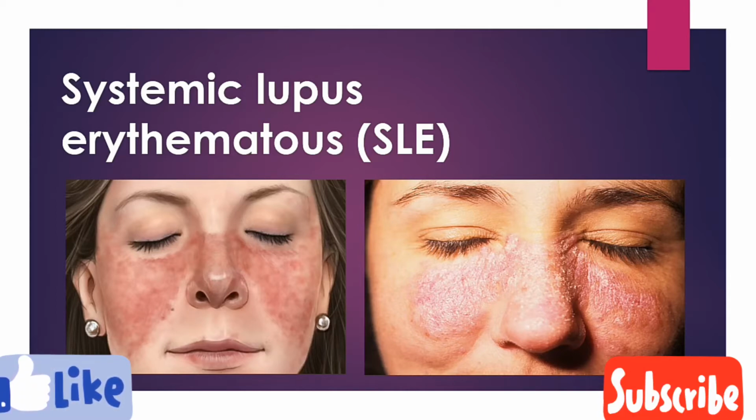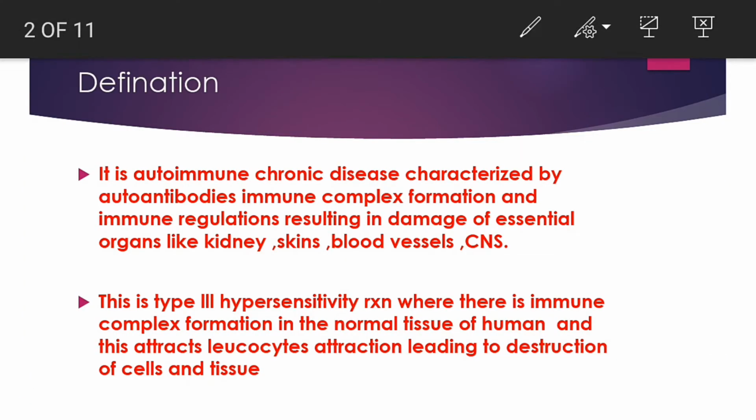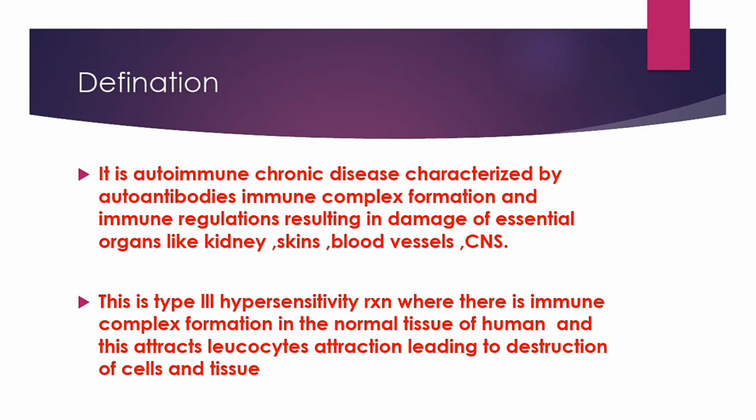So let's get started. It is an autoimmune chronic disease characterized by autoantibodies, immune complex formation, and immune dysregulation, resulting in damage of essential organs like kidney, skin, blood vessels, CNS. So this is an autoimmune disease. The immune complexes attack our body itself, and it is a chronic disease that occurs over a long duration.